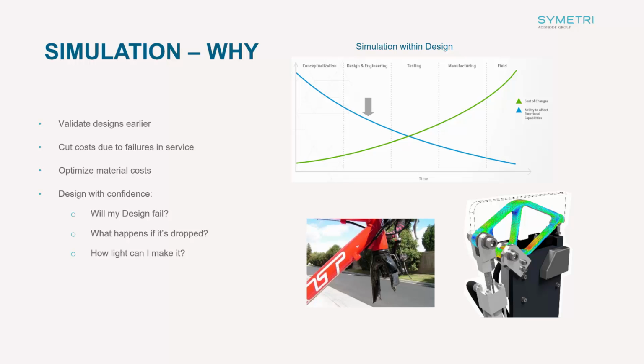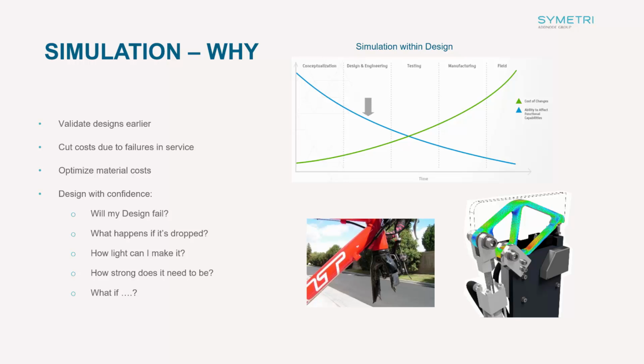How light could you possibly make it just to save on material costs and obviously improve performance as well? And additionally, how strong does it need to be? Depending on what materials you use, there is going to be a strength requirement and a weight requirement as well. To make sure that you have that delicate balance together, you would need to go through a couple of what-if questions within your workflows.